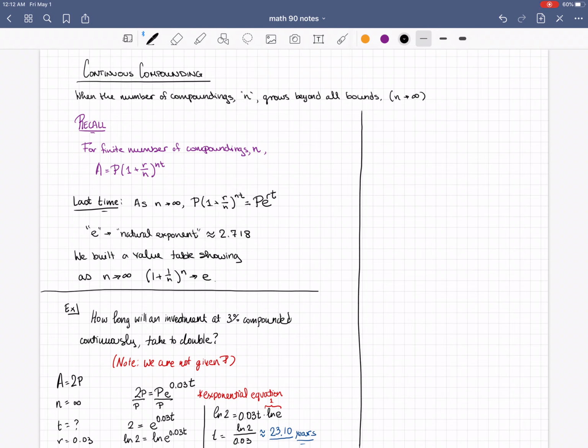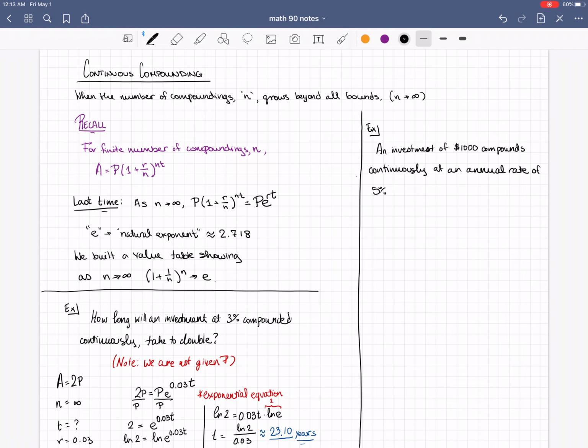Okay, so in this example, say that an investment of $1,000 compounds continuously at an annual rate of 5%.